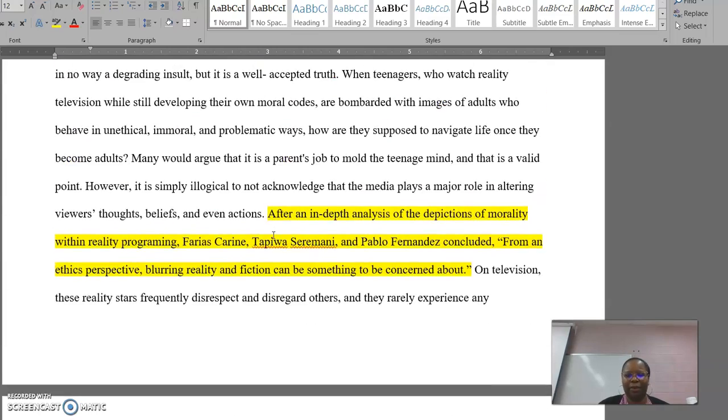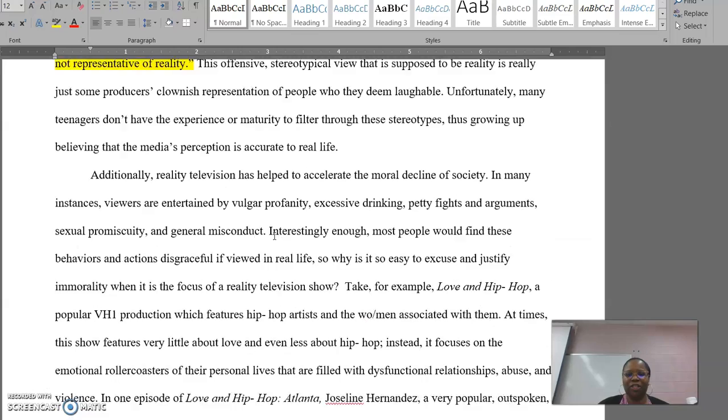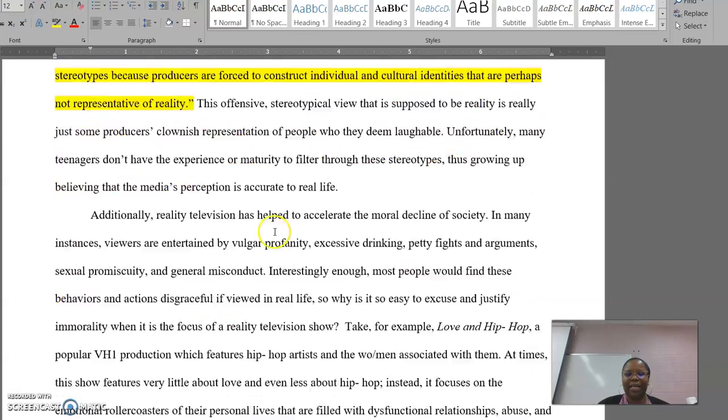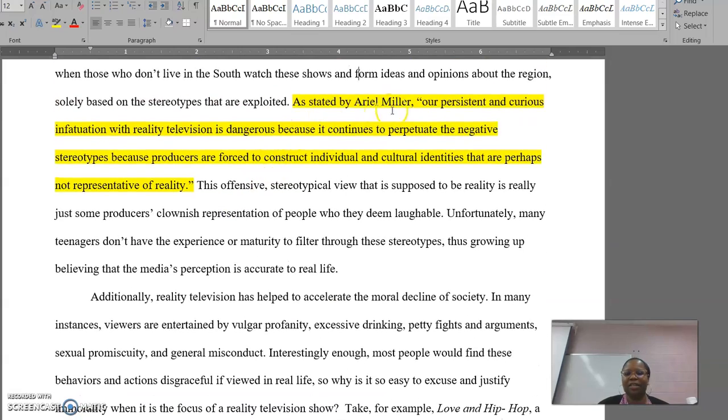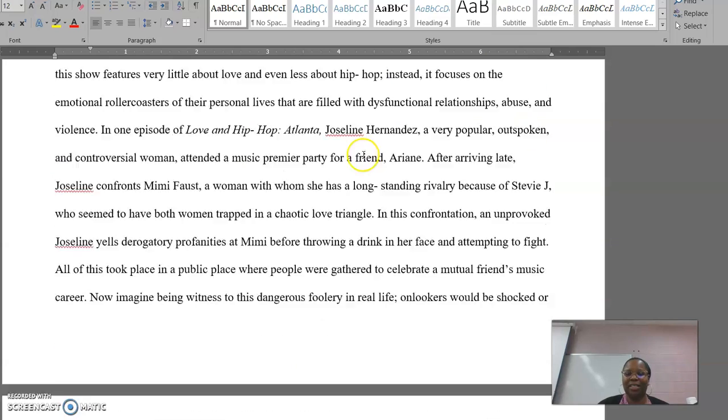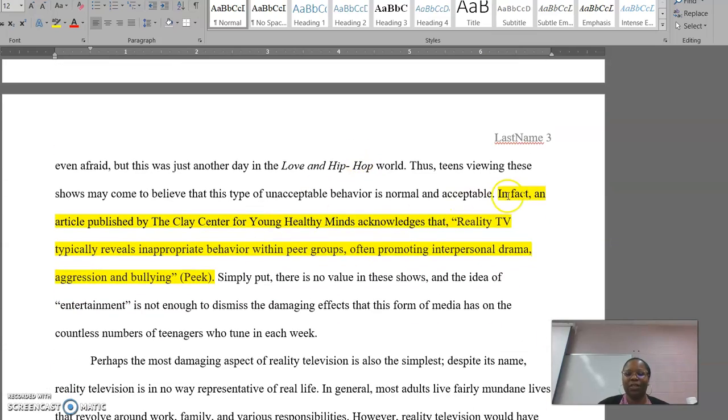Another thing I want to point out that I failed to mention earlier here is, notice the author's name is mentioned to introduce the quote, so that's all that's needed. However, with this one, the author's name is not used to introduce the quote, so it is placed in parentheses at the end of the quoted material. So here, the quote simply says, in fact, an article published by the Clay Center for Young Healthy Minds acknowledges that.